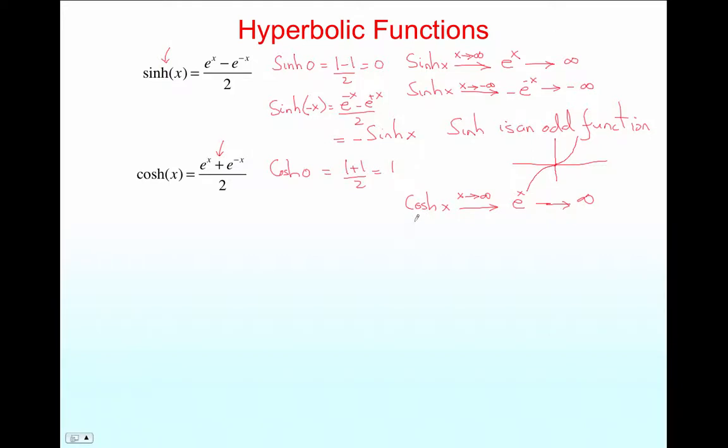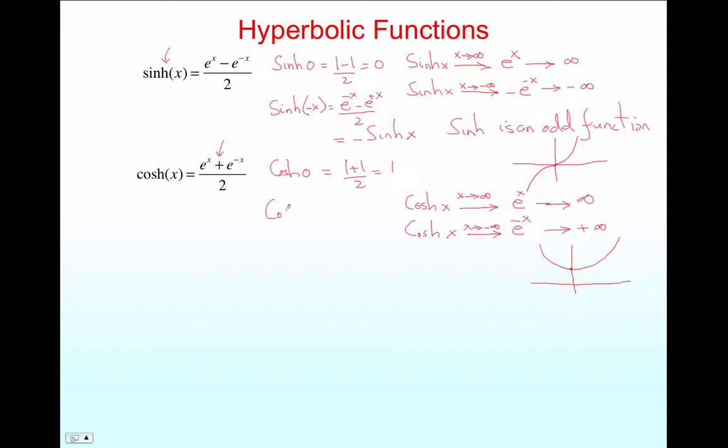And cosh of x will approach sinh of x for large values. And of course, for the negative values, cosh of x will go again to e to the minus x, and that's going to plus infinity as compared to minus infinity for sinh of x. So the picture is going to look roughly like this, that it shall start off from 1 and it's going to look like this, going to infinity on both sides.